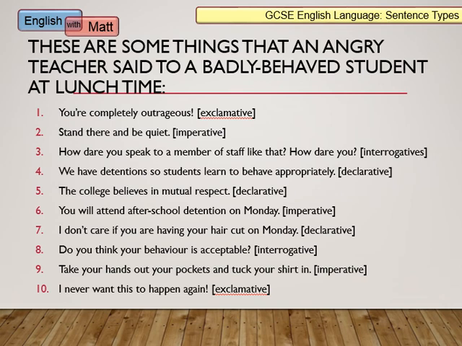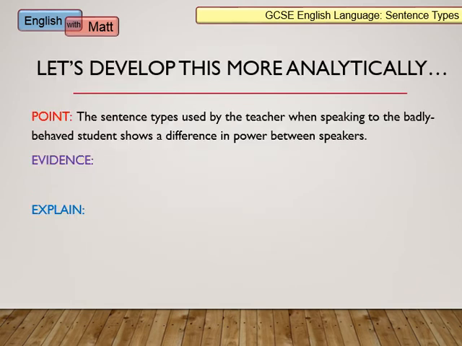And you notice that there is a particular use of sentence types as a method, and you want to talk about how that conveys a character because the question asks you about the presentation of a particular character. Question 4, paper 1, tends to be very character driven a lot of the time. It's usually about people in the extract and relationships between people and how we view them. So I want you to imagine that those sentences are part of the extract.